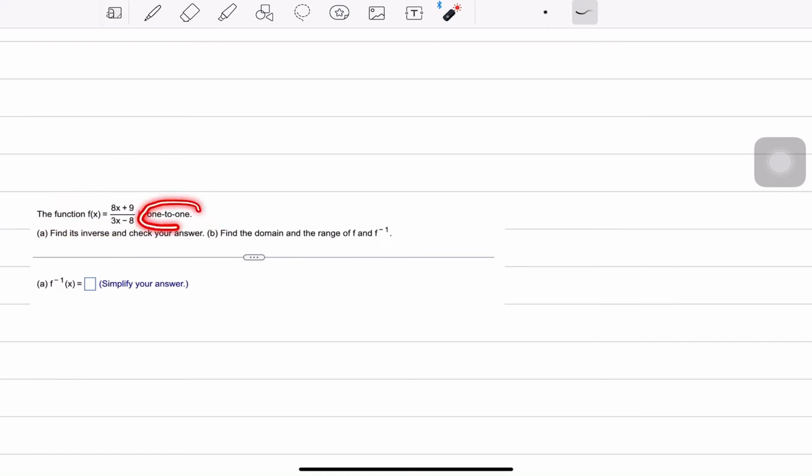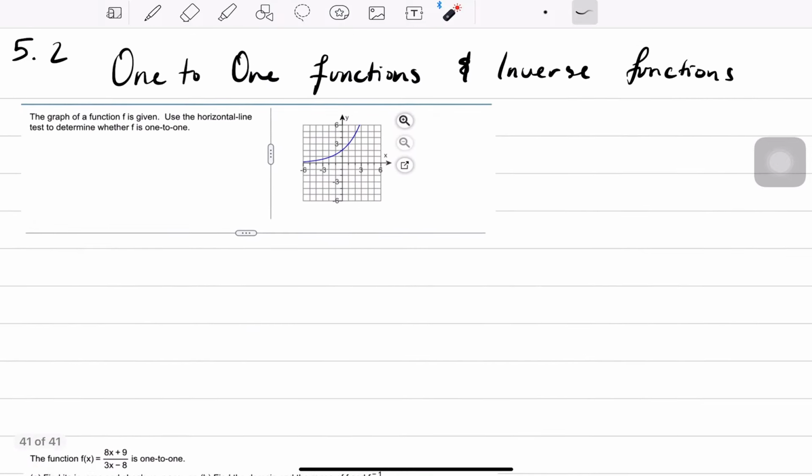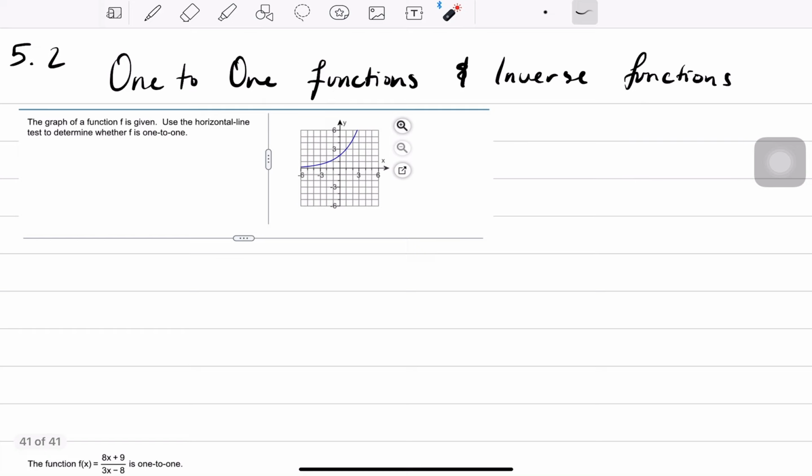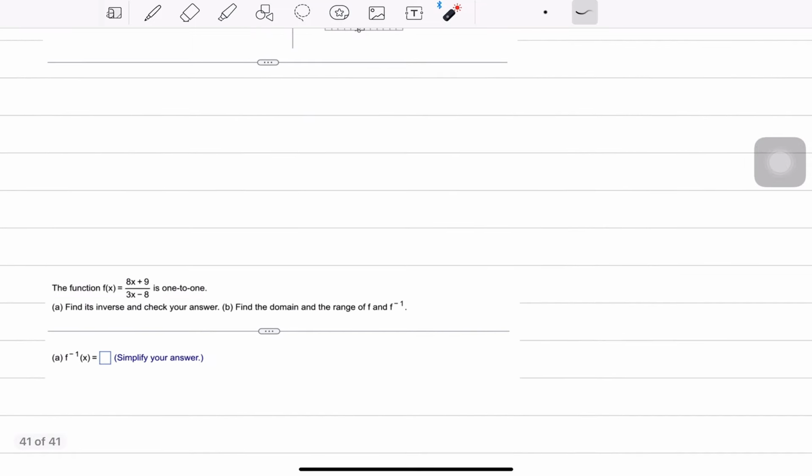And I just said that if it's one-to-one, it just has an inverse, right? So look at that. Part A is find the inverse. Now, this is only possible because it's telling you that it's one-to-one. As you can see, they just literally give you one question on is a function one-to-one. It's just so that you can get an idea of the fact that we can even find an inverse, and that's because it's given that it's one-to-one down here.